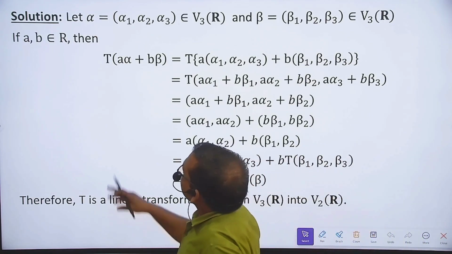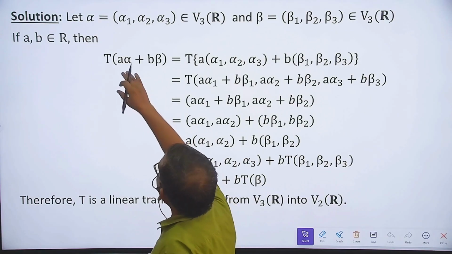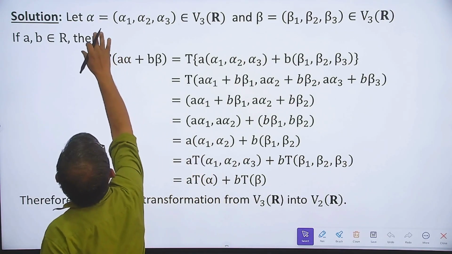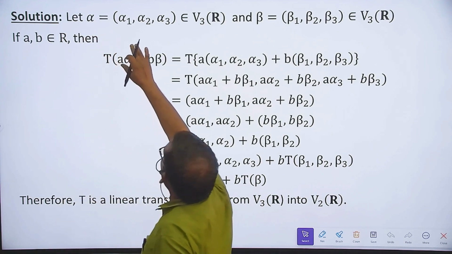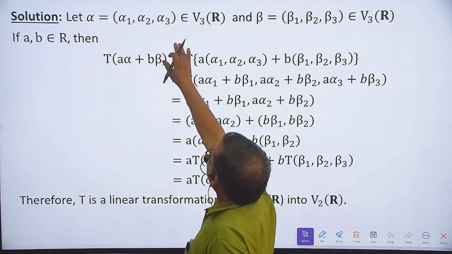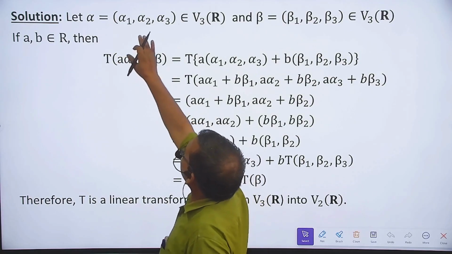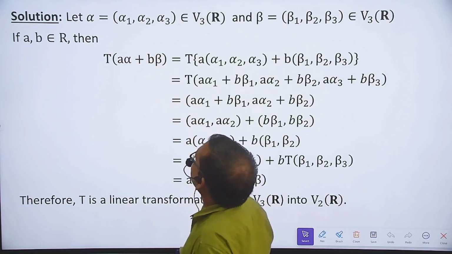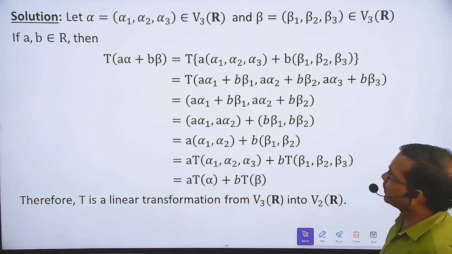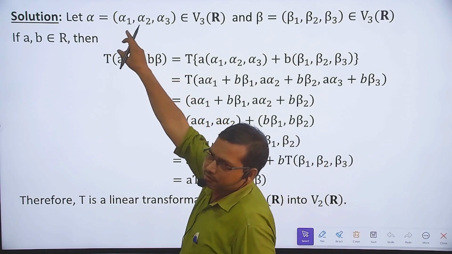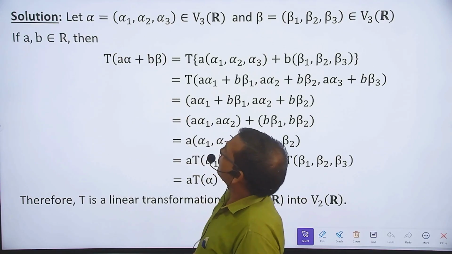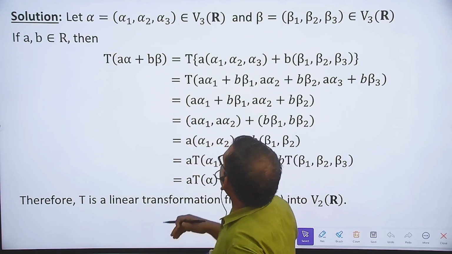For the solution, take two elements of the vector space. First, let vector alpha equal alpha 1, alpha 2 and alpha 3. Here alpha 1, alpha 2 and alpha 3 are the components of this vector. There are three components because this domain is a vector space of dimension 3.